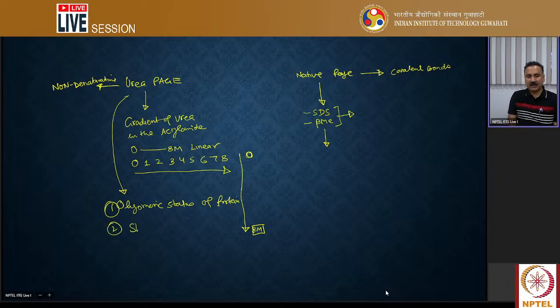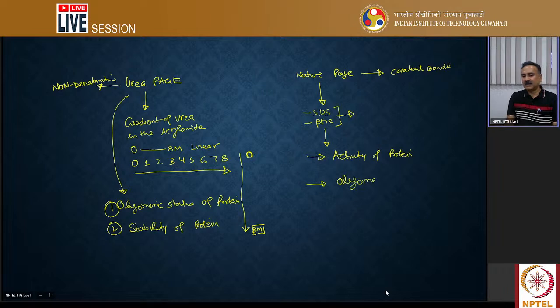And you will also be able to check the stability of the protein with the help of urea page. In the native page, you will be able to determine the activity of the enzyme, if the protein is an enzyme, and you can check the oligomeric status.